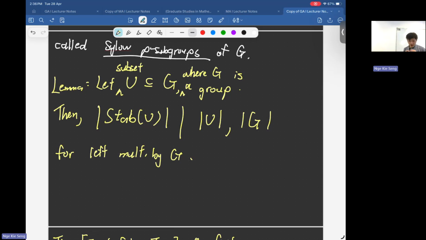Subgroup is fine. But why does it divide the order of U? What can you do from a subgroup to a group, to a set, a group action?